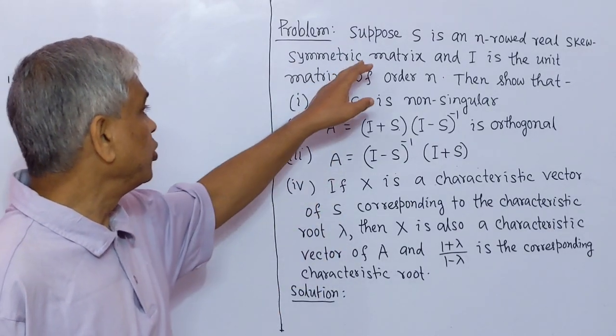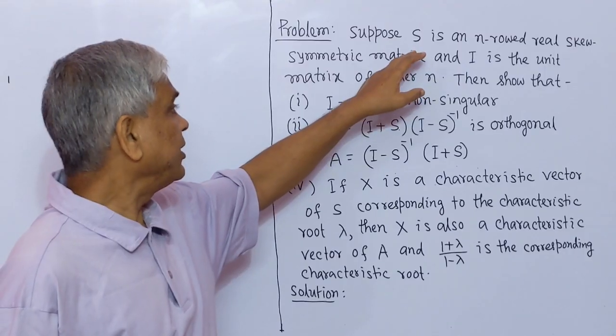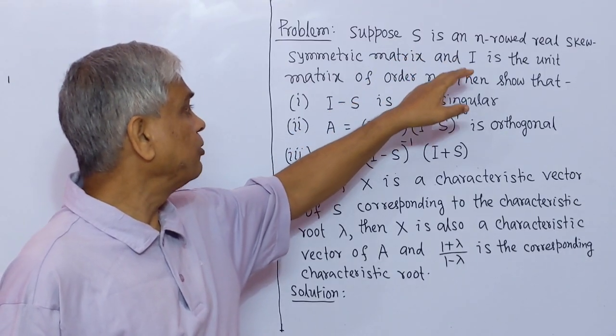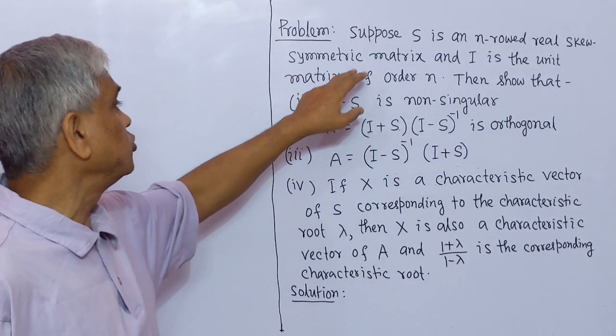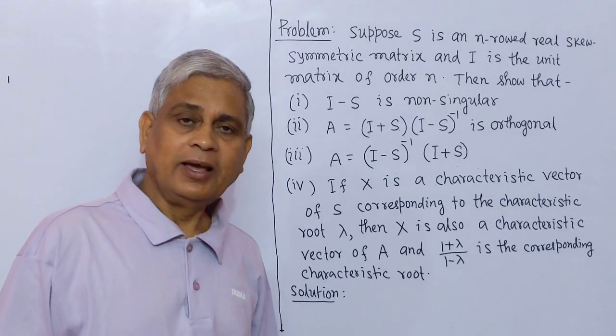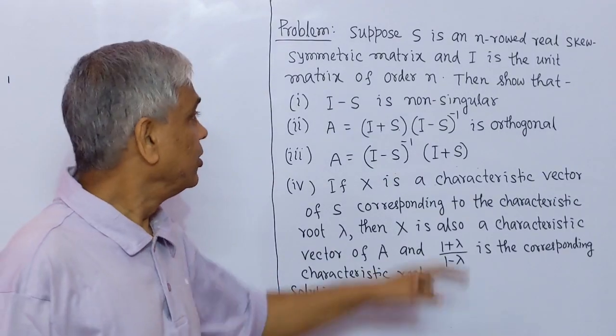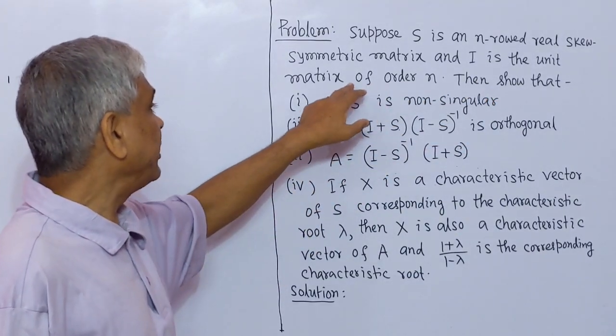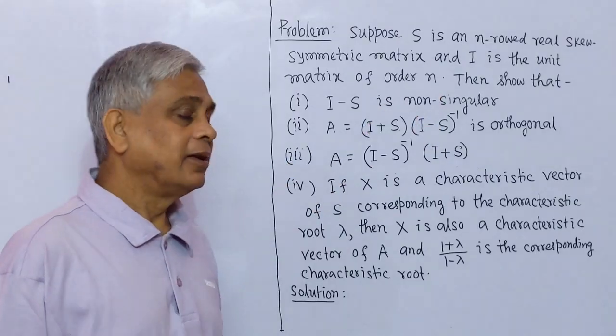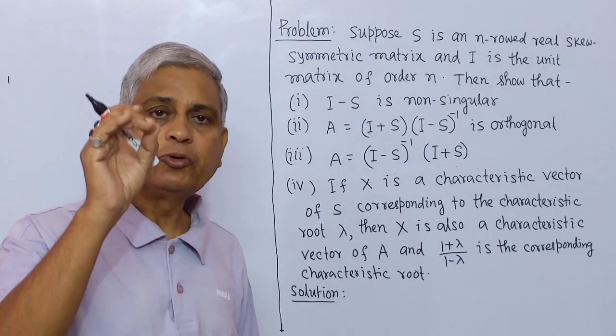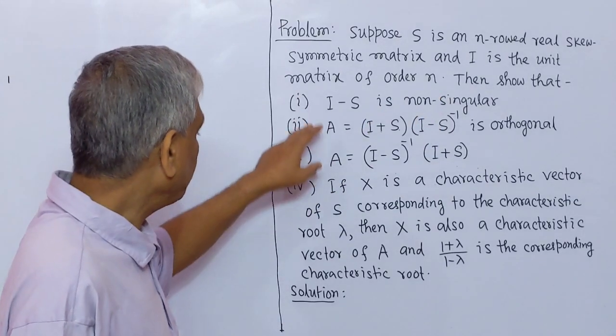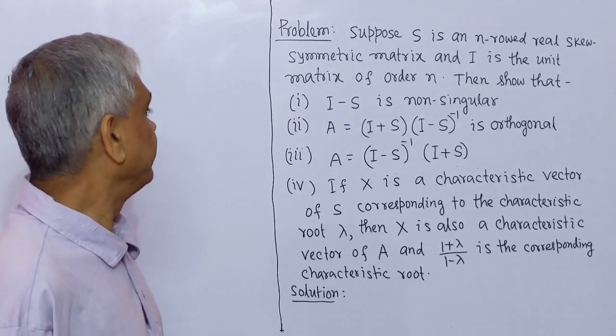Problem is, suppose S, capital S, is an n-row real skew symmetric matrix and I is the unit matrix of order n. Then we have to prove these four problems one by one.